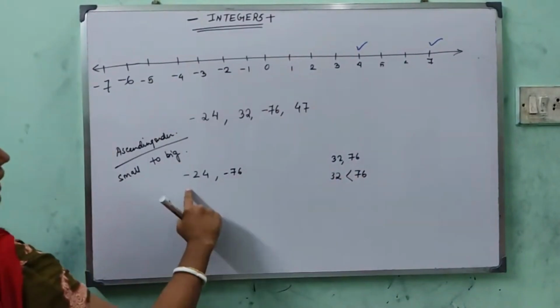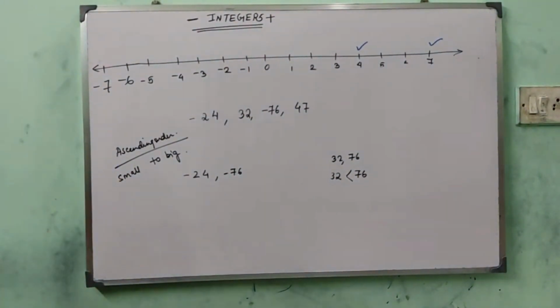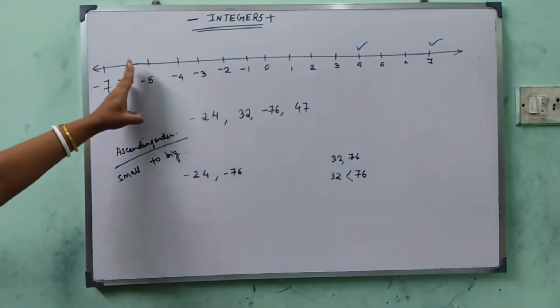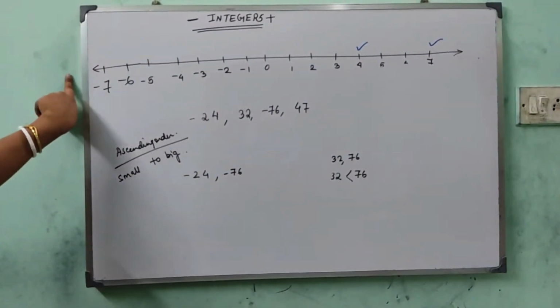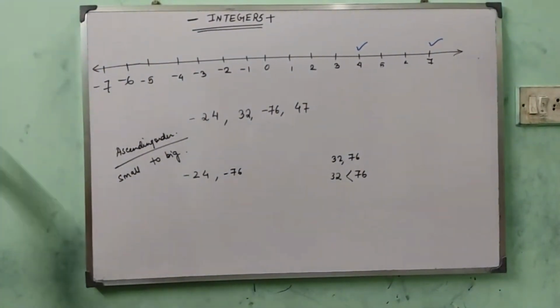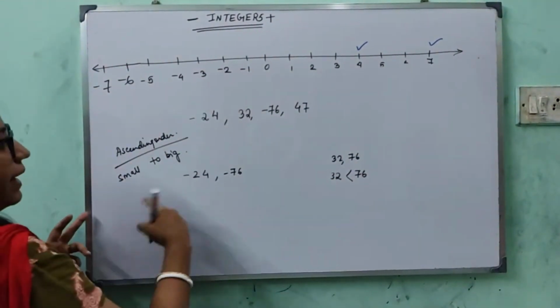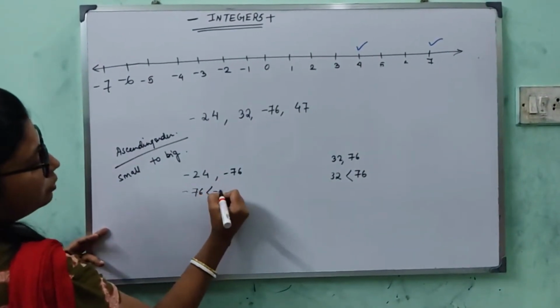Alright, very good. Now between the negatives, out of minus 76 and minus 24, which will be on the right hand side? If you see this number line, if I start writing the numbers from here, the first number that will come is minus 24, then going more left, I'll come to minus 76. That means extreme left is minus 76, and then towards the right minus 24.